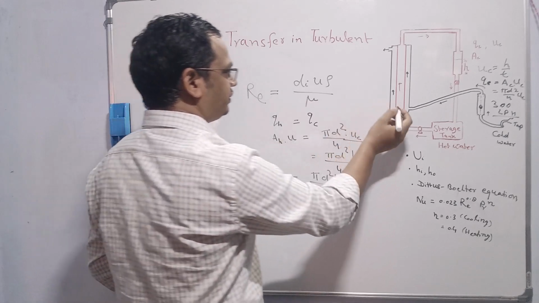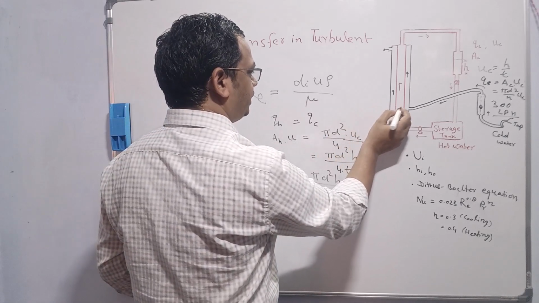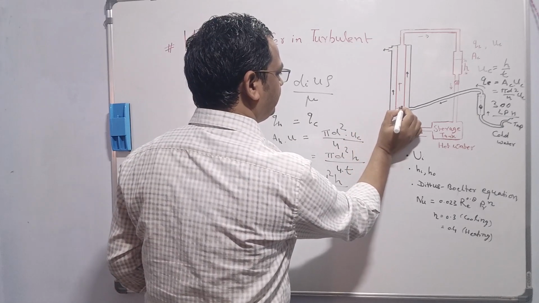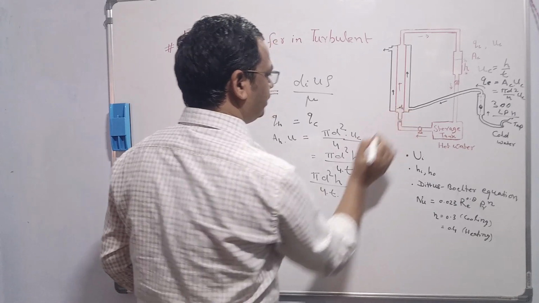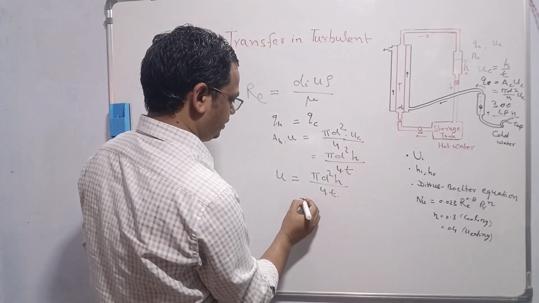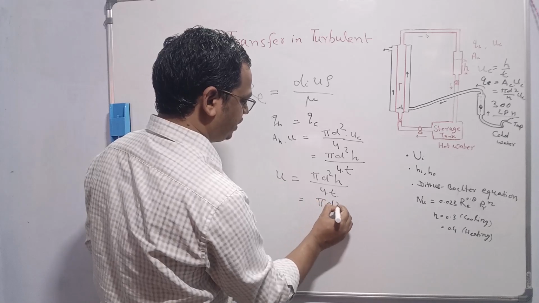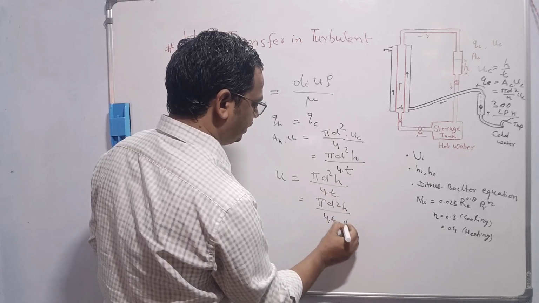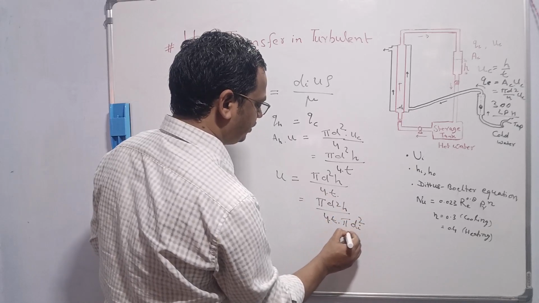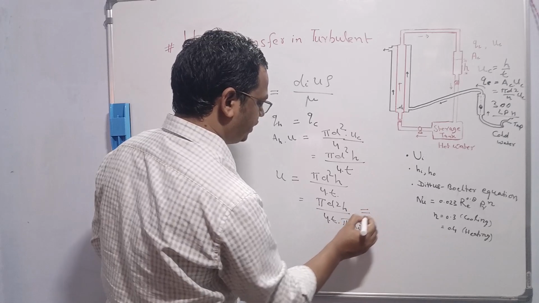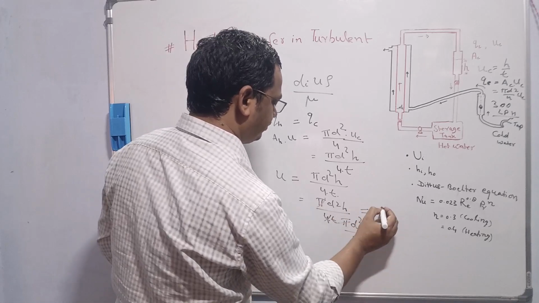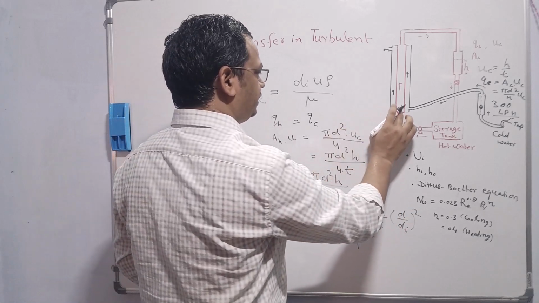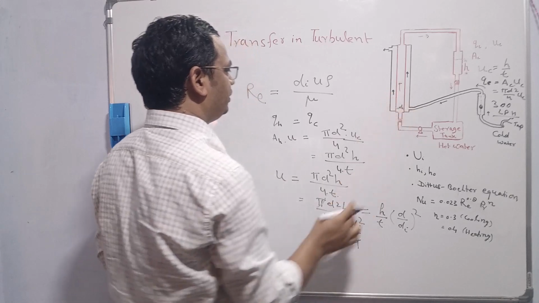AH is nothing but the cross-sectional area of the inner pipe in the direction of flow. If the inner diameter of the inner pipe is di, then we can write pi d square h by 4t divided by pi di square by 4. So from here we can find the velocity of the fluid inside the inner pipe of the heat exchanger.